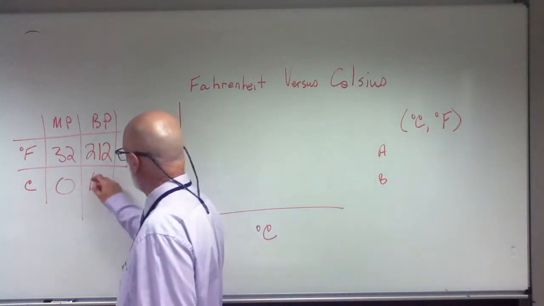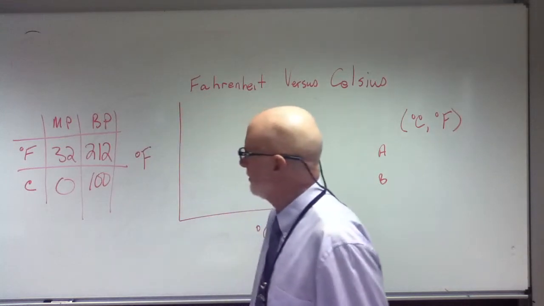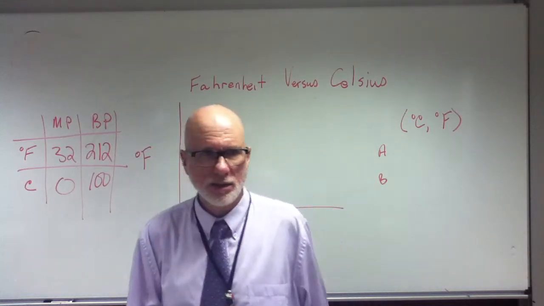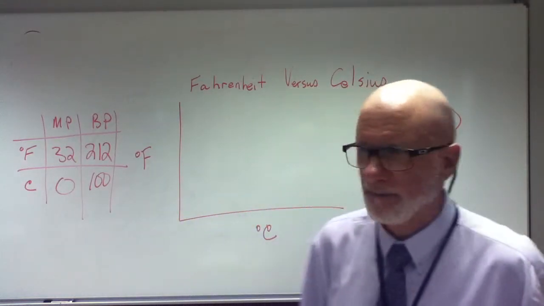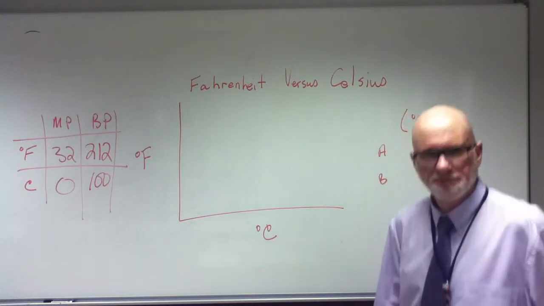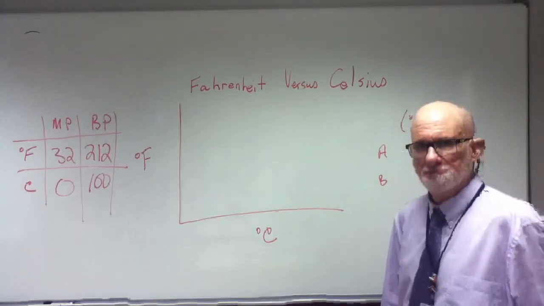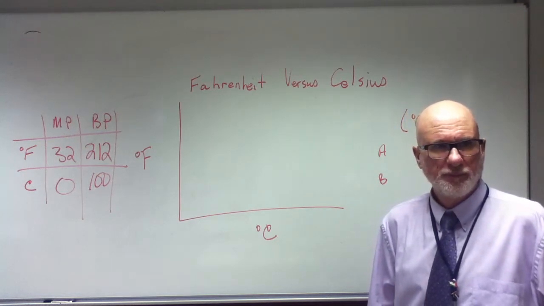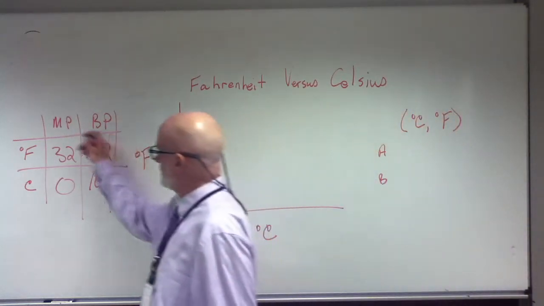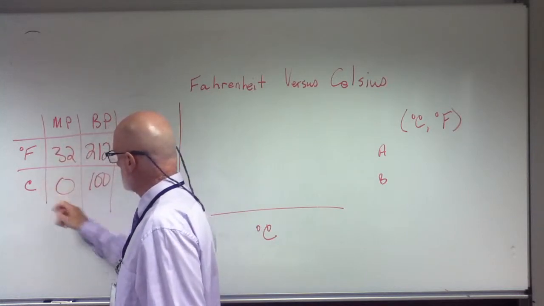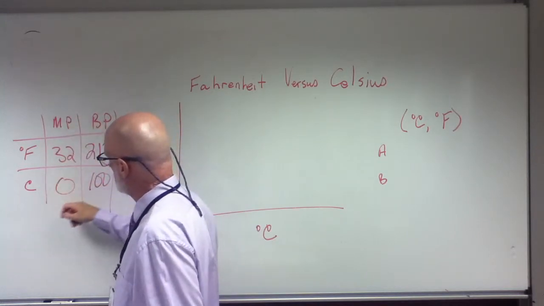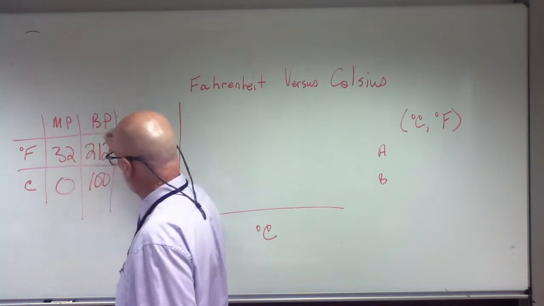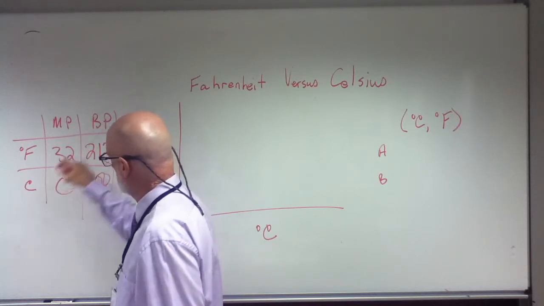All right. So you see, what are our 2 points going to be then? Are they going to be this and this, or this and this, or this and this?